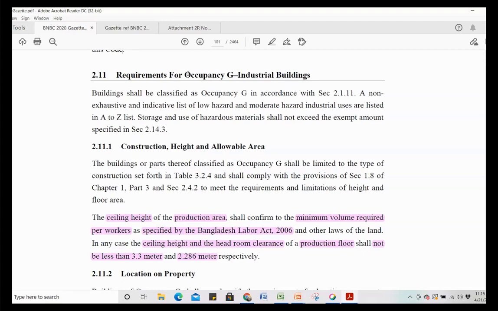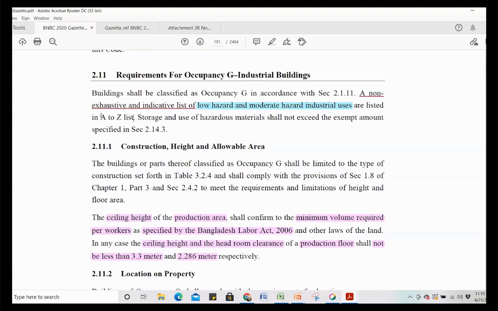So about occupancy G, it is the industrial building category, as you know. So the general information is here, but there are some specific instructions that refer to a non-exhaustive and indicative list of low hazard and moderate hazard industrial uses listed in the A to Z list.